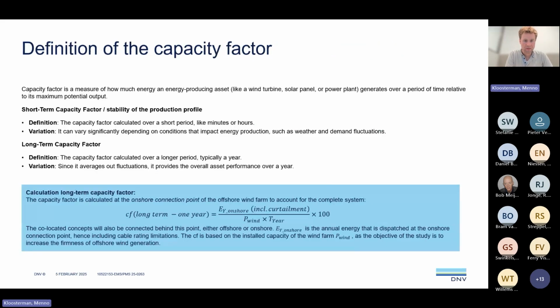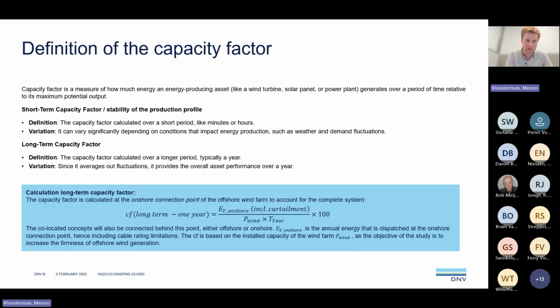In terms of the definition of capacity factor, that was already a discussion on its own. In agreement with RVO, we have used 2 definitions. For the short term, the capacity factor is calculated over a short period, on a time scale of minutes and hours.